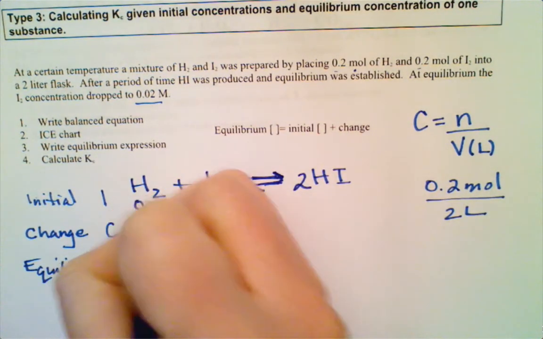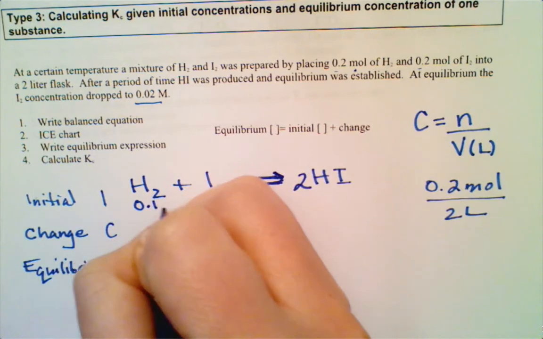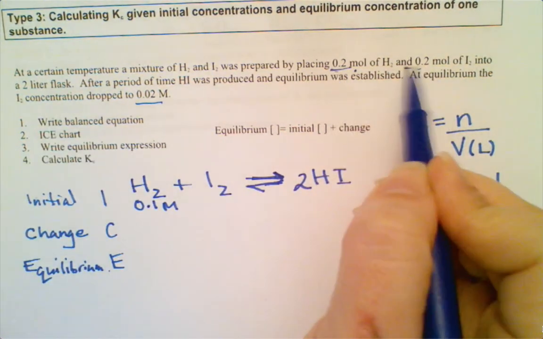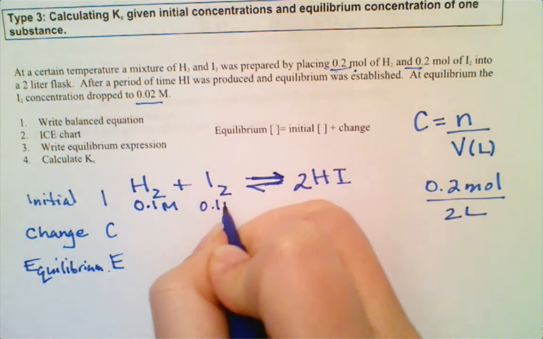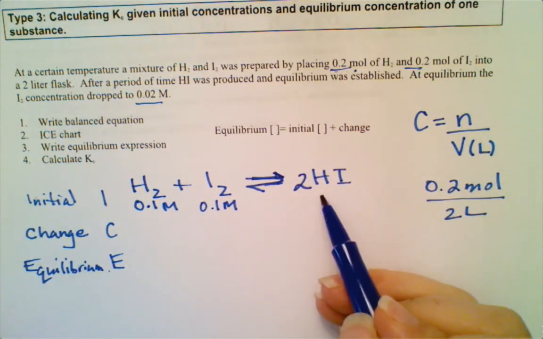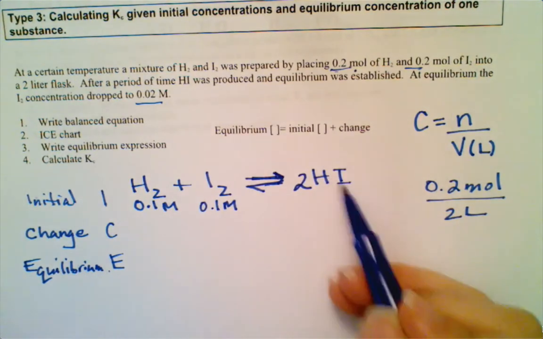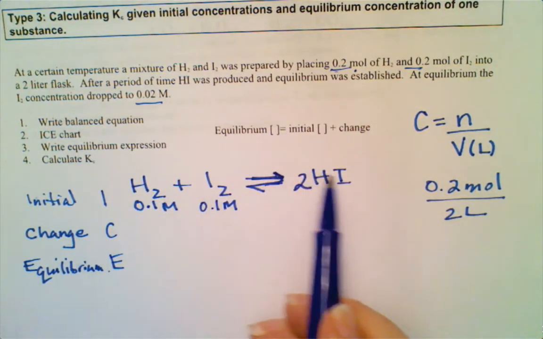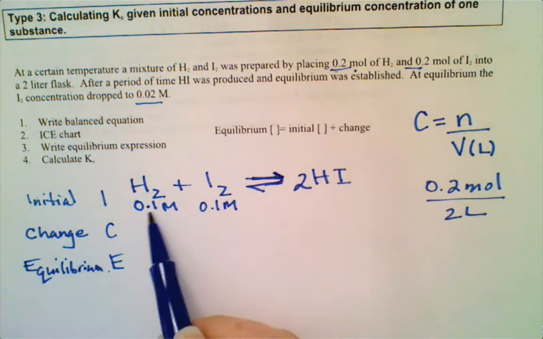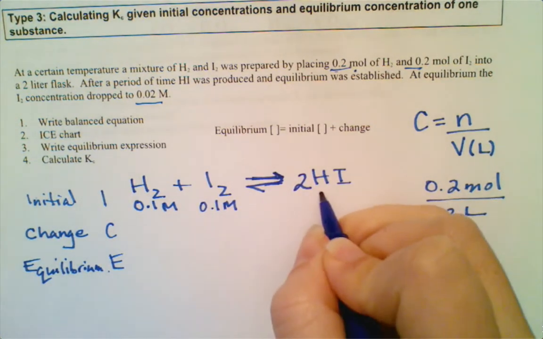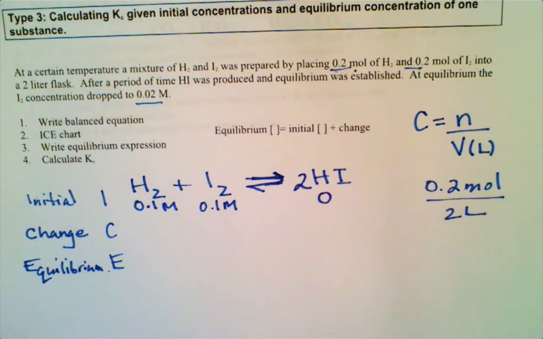So the initial concentration of H2 is 0.1, and the same for I2. It's 0.1 moles per liter. Now, what is the initial concentration of my product? Well, initially at time 0, there is no product because these have to collide in order to start making some of this. So always, unless specified otherwise, your initial concentration of product is 0.